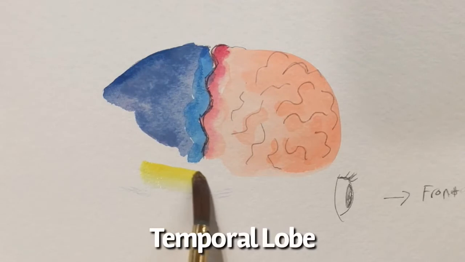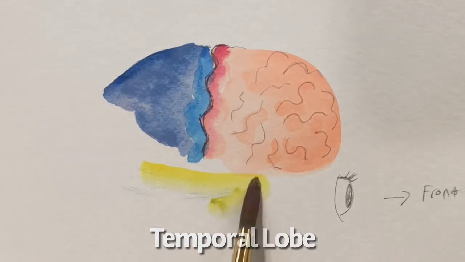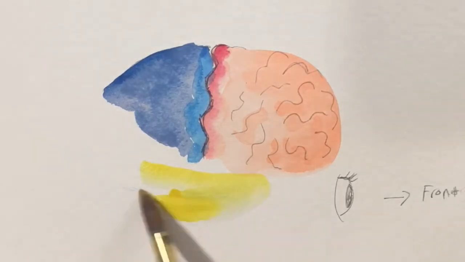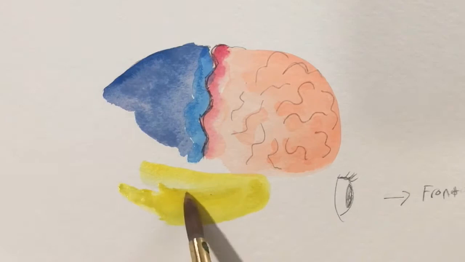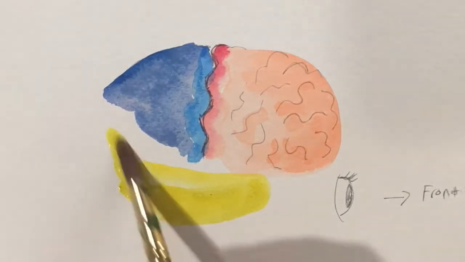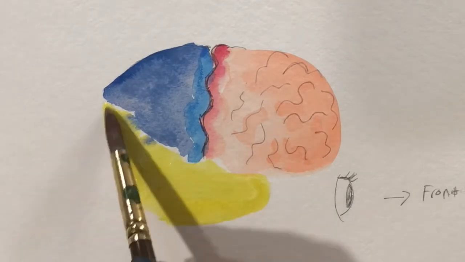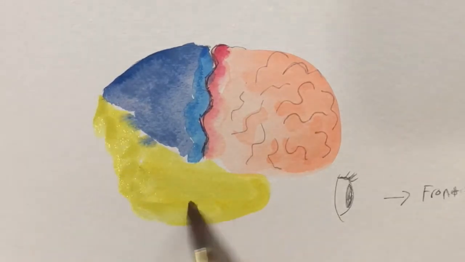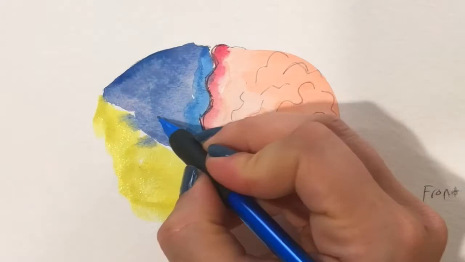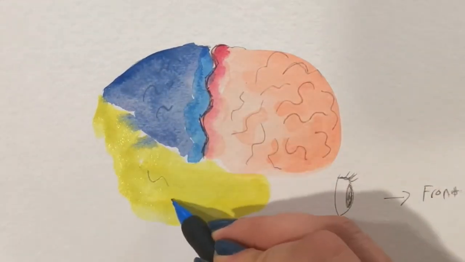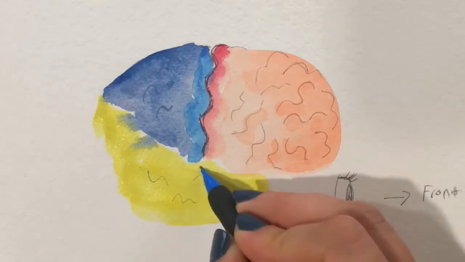The temporal lobe actually kind of comes up underneath the edge, poking forward. You can think of it in the location of your ear. And it's going to wrap around and kind of tuck up to that parietal lobe. And of course, draw in those gyrus, the ridges, and the sulcus, the valleys.